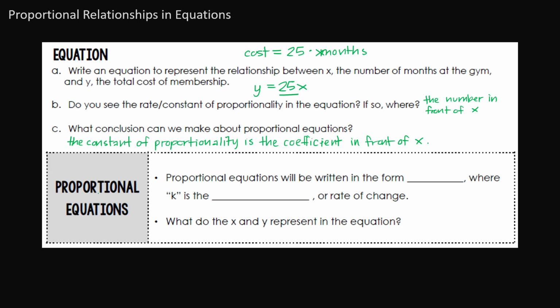So to sum this up, proportional equations will be written in the form y equals kx, where k is the constant of proportionality or rate of change.